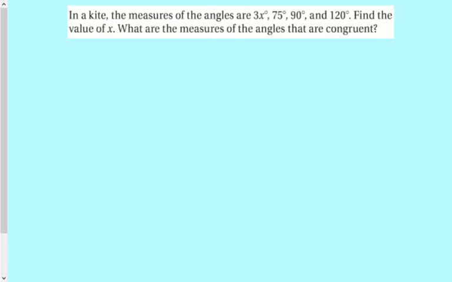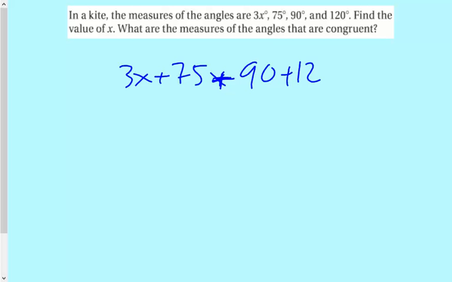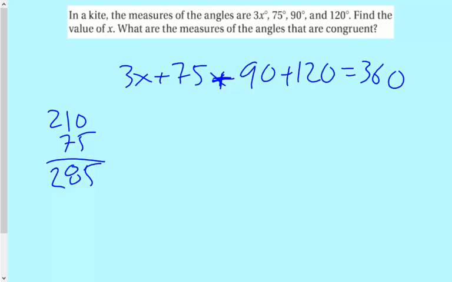In a kite, the measures of the angles are 3x, 75, 90, 120. Find the value of x. What are the measures of the angles that are congruent? Well, let's just figure out what x is first and what that missing angle is. And so we could just add up these angles here as I'm doing, and then set that equal to 360. Okay, so I have 210 and 75, 285.